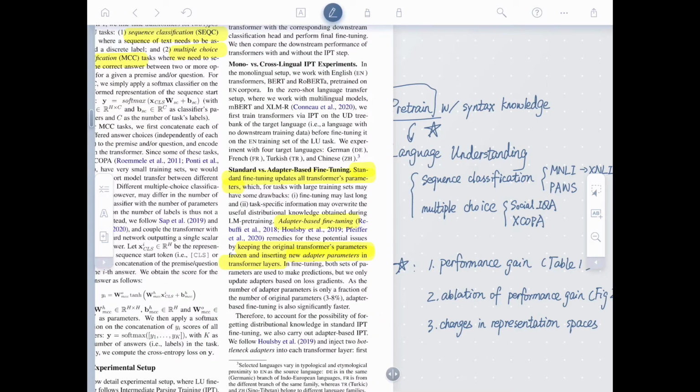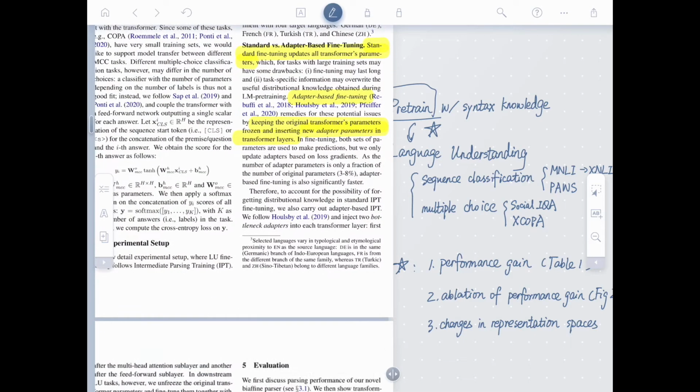The fine-tuning has two variants. The first one is standard fine-tuning, which updates all the transformer parameters. The second variant is adapter-based fine-tuning, which keeps the original transformer parameters frozen and inserts new adapter parameters in the transformer layers. In experiments, they showed that adapter-based fine-tuning does not work very well.